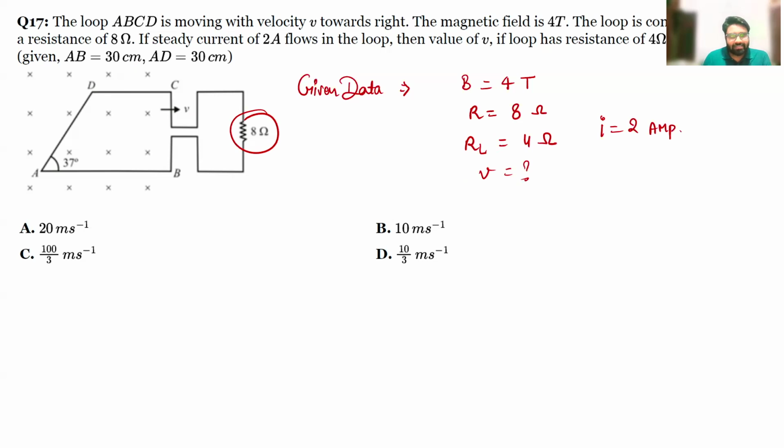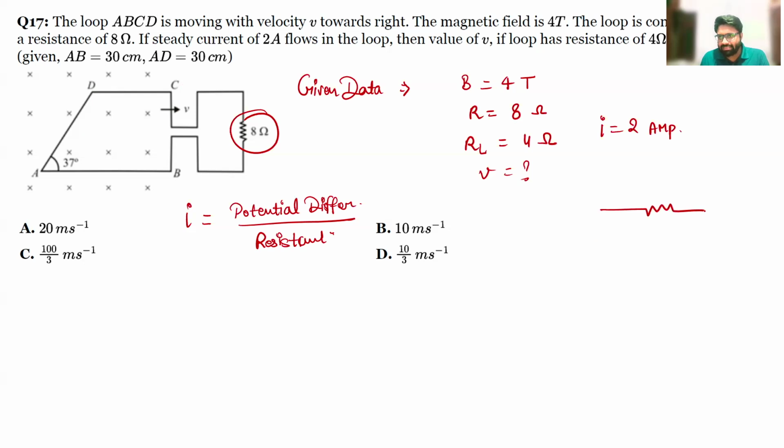If I apply the formula, I is equal to potential difference divided by resistance. If you simplify the circuit here, the 8 ohm resistor is directly connected to the 4 ohm resistor of the loop, which means there is a series connection. This is the resistance of the loop, 4 ohm, and this is the resistance connected to the loop, so they are in series.